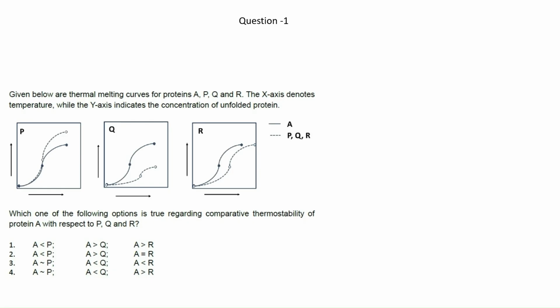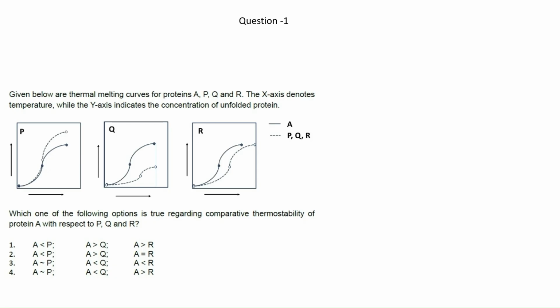So let's try to first focus on one of the comparisons and see if we can narrow down our answers. So let's compare A with Q. So as we can see in this graph, at the same temperature, the unfoldings of protein Q and protein A are different.